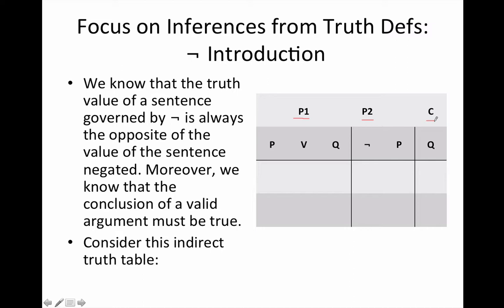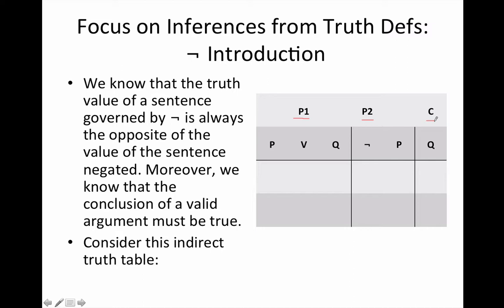What I'm going to do, however, rather than construct a completed truth table, is combine two concepts that we already understand. One, the concept of contradictory truth values, and two, the concept of a valid argument.